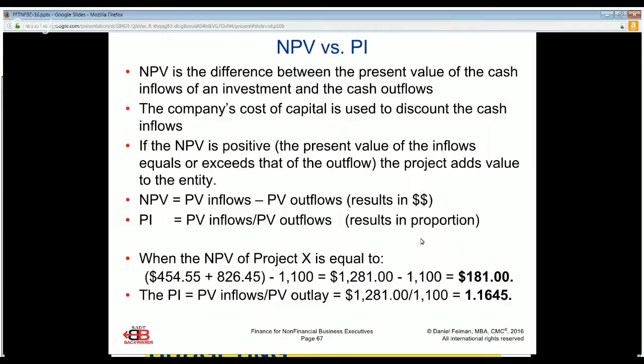The net present value is a standard calculation that calculates the value of the inflows compared to the value of the outflows. The outflows are our investments, the inflows are our net cash each year.